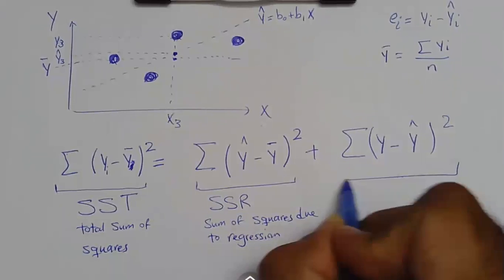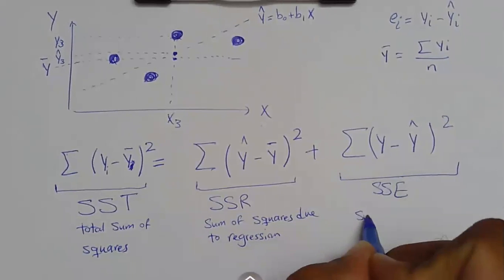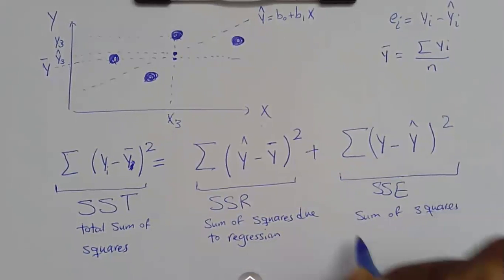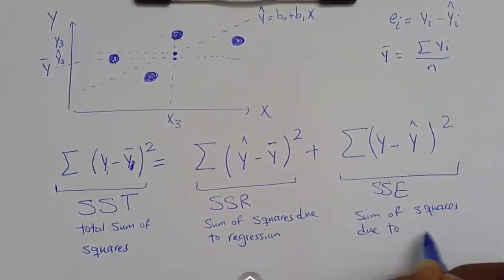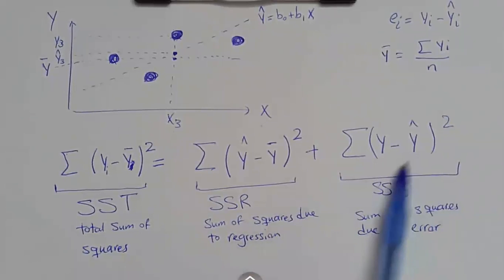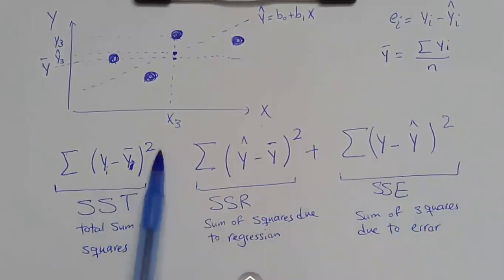And the last one is called SSE, sum of squares due to error. As you can see, all these values are going to be positive.